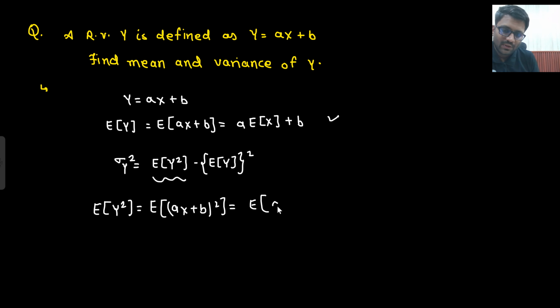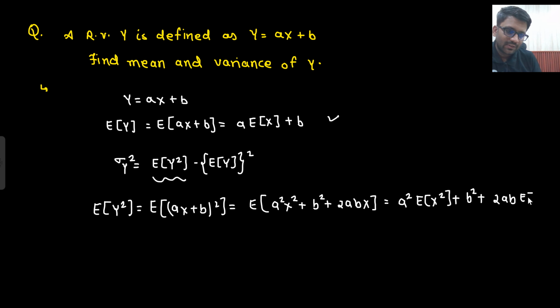So expectation of a square x square plus b square plus 2abx, right? Expectation of y square, I need to find (ax plus b) whole square. So a square x square plus b square plus 2abx.